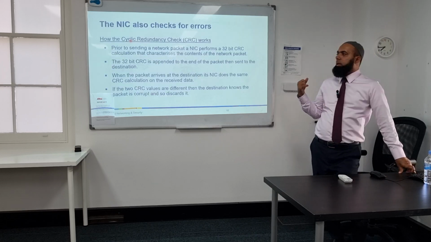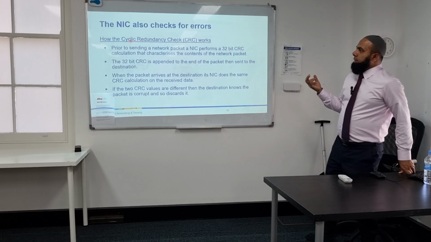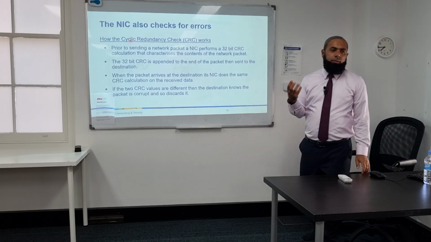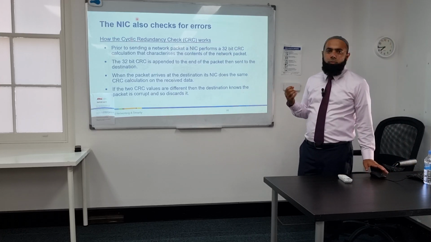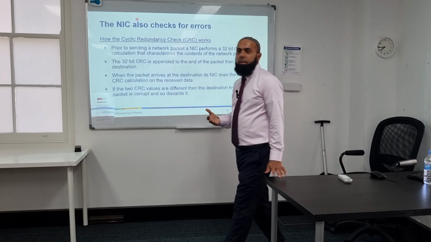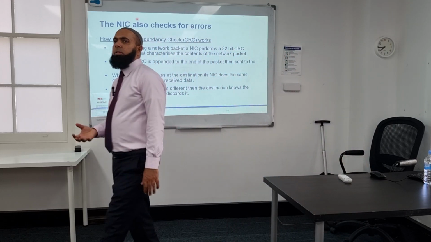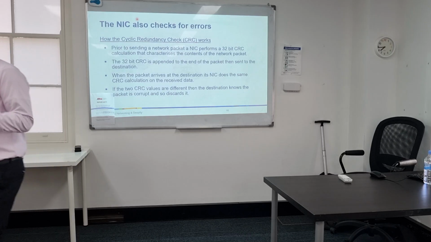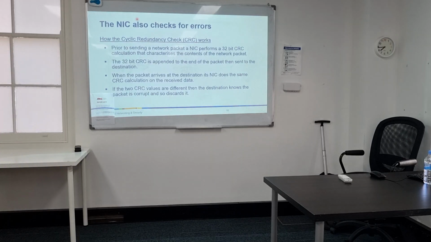Okay, next important thing. How does the NIC check for errors? Of course, whatever is going on the internet, the data is transmitted. We know that it is in a format, it has the data in it, and we do the encapsulation process on each system level.